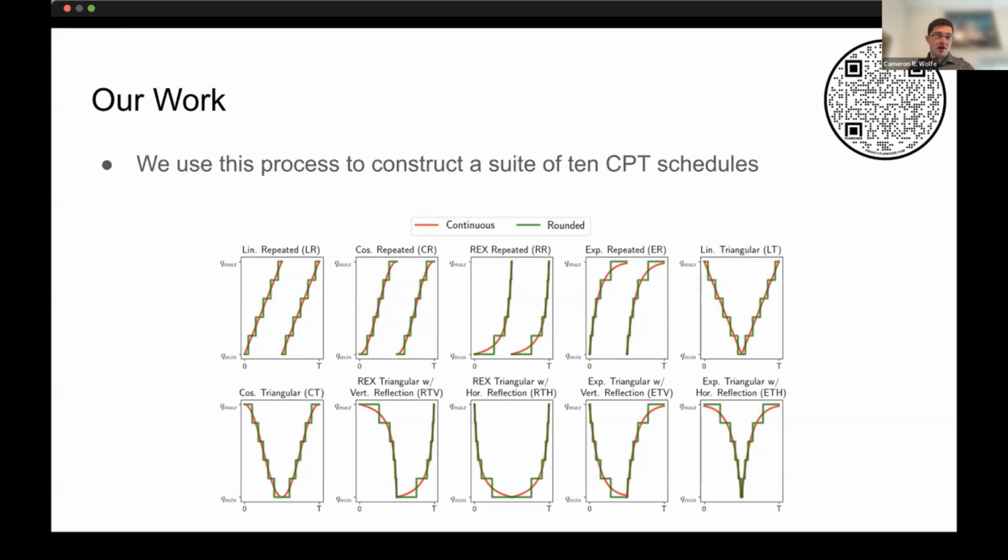The only extra complication to this is that if we define a triangular schedule as just reflecting one of your profiles, for profiles like Rex or exponential profiles, there are 2 different ways that we could reflect it, horizontally or vertically. So if we consider those 2 different triangular reflections, the 4 profiles, then we end up with these 10 CPT schedules shown here.